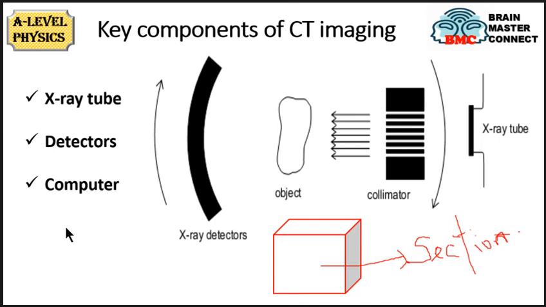Even the final result obtained is developed by a computer. So the computer is one of the key components of a CT imaging. The computer's work is to construct the image formed from the CT scan. So it's majorly used to develop or construct the image that is formed from a CT scan.